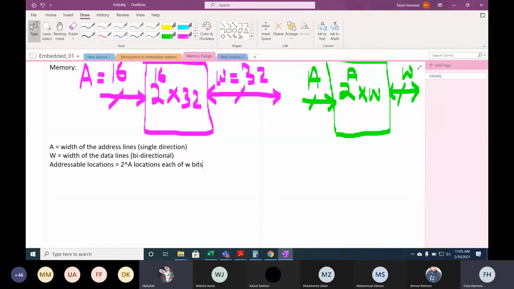Now I'm talking in general. In this particular example, W is 32, so we have 16 locations, each of 32 bits.